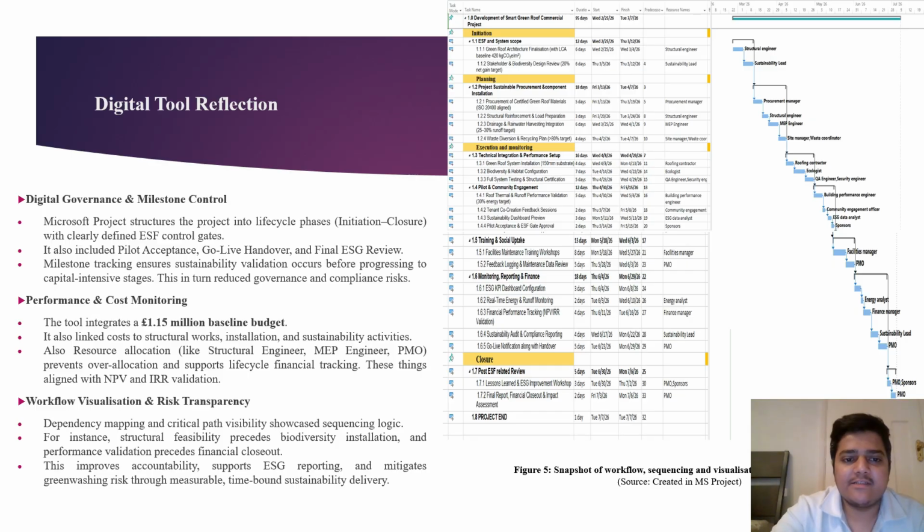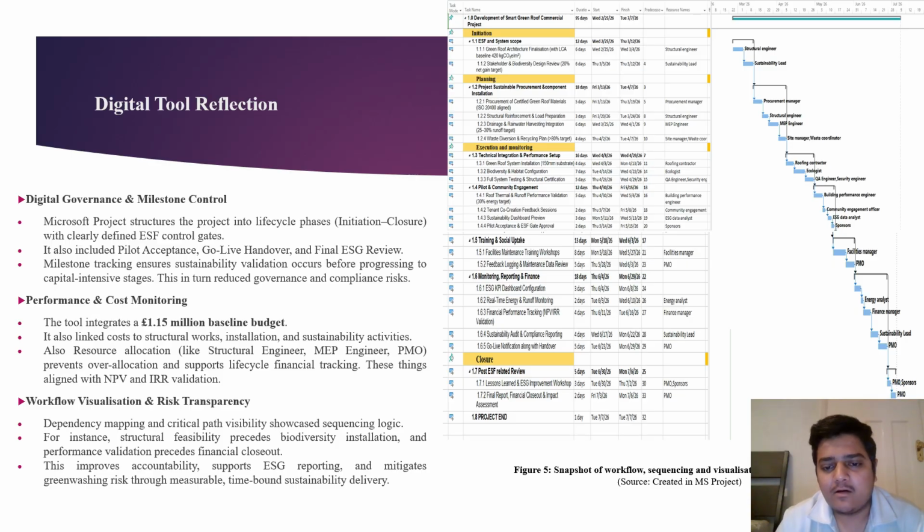The next slide is digital tool reflection. You can see the Gantt chart slide, where Microsoft Project tools support the process by managing dependencies, milestones, and resource allocation, as shown in the Gantt chart.